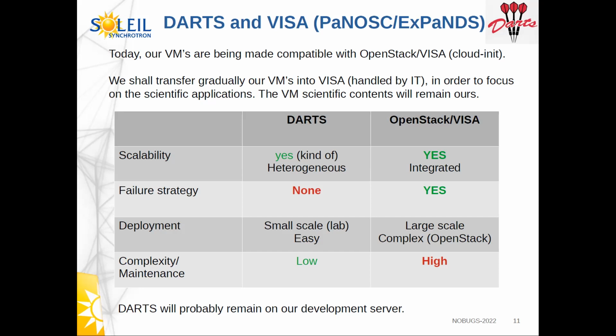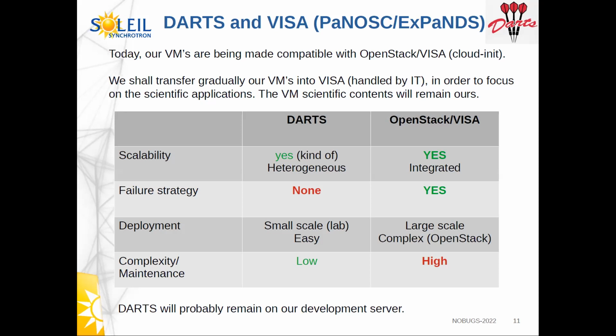There's no failure strategy. If something breaks, then the resource is not available. That's all. End of the story. Whereas in Visa, there's a kind of complex system that if something breaks, it just uses the other parts of the OpenStack. So it's much more solid, robust than DARTS.